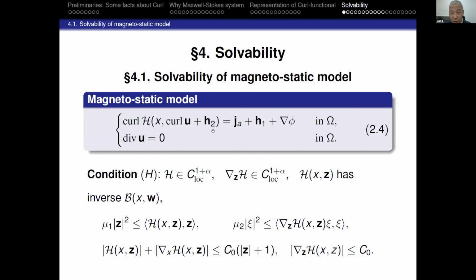H1 and H2, where H1 is a Neumann field and H2 is a Dirichlet field, we treat as parameters. You can treat phi as unknown, but if J is a given vector field independent of U, then actually we can solve for this phi. Here we list some conditions on H to make this equation elliptic.